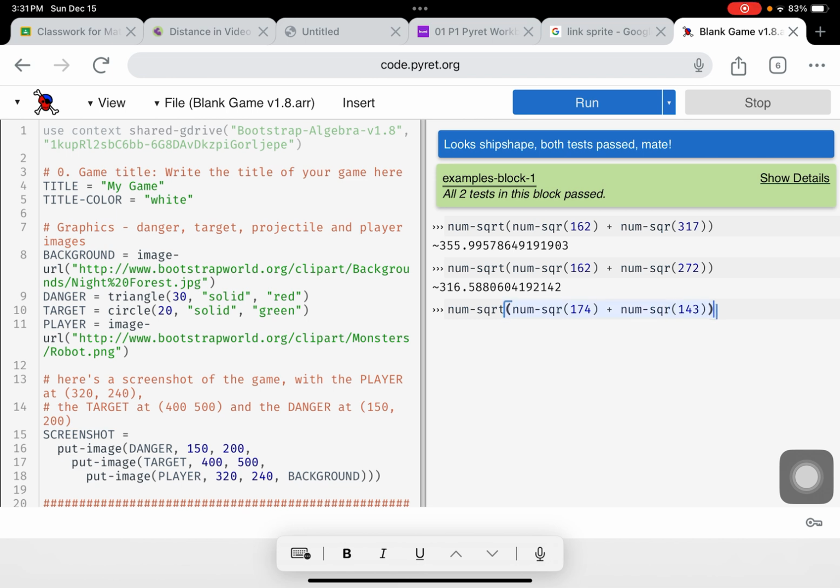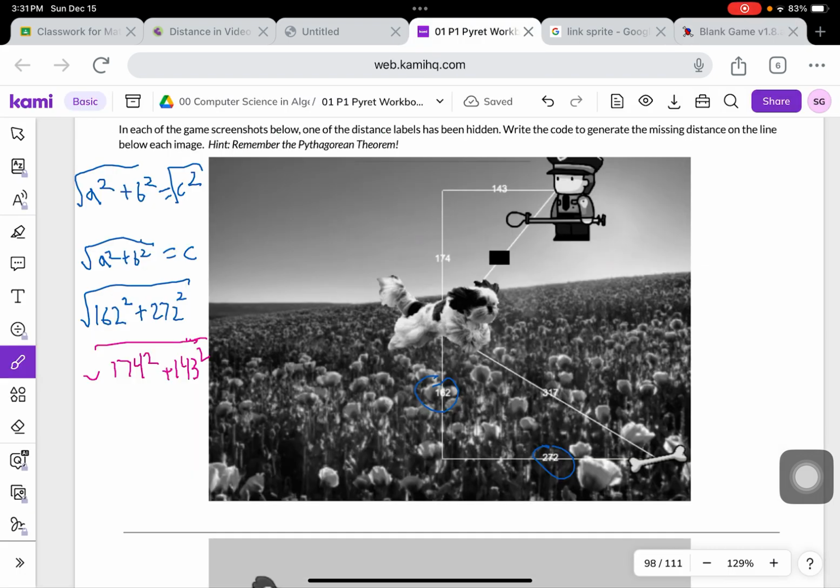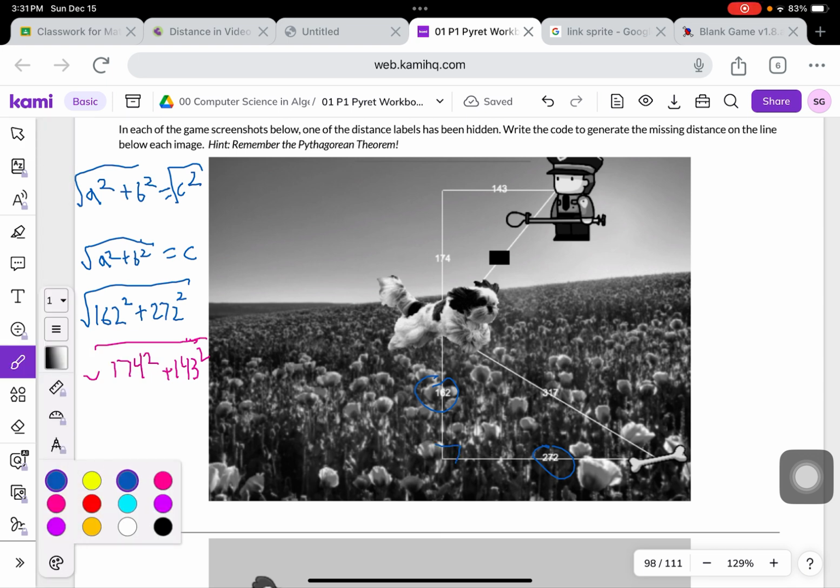And then you would press enter to get your answer. Okay, so that's how we find the distance using the two legs in a right triangle.